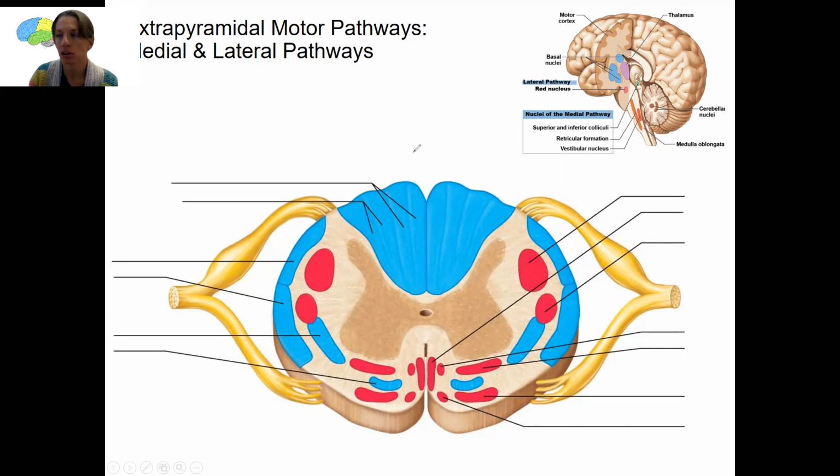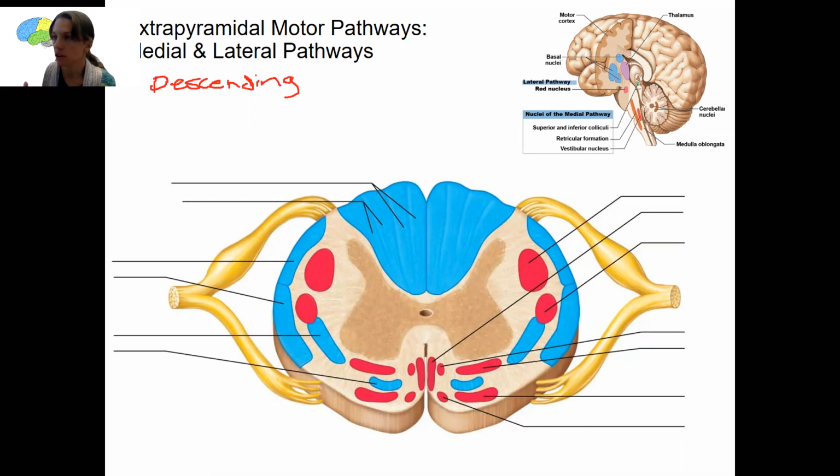And we really just want to look at the descending tracts right now, right? Because we're looking at motor information. So the ones shown in red are the descending. And I've already talked about one of those, right? Which is the corticospinal tracts.